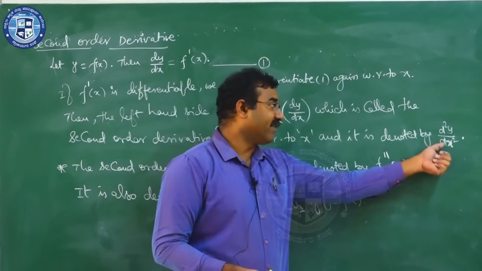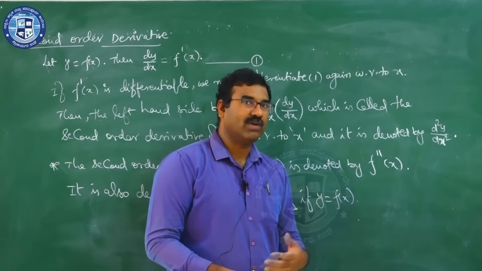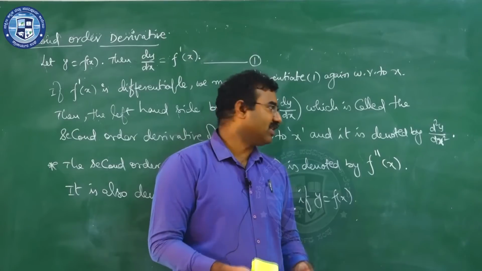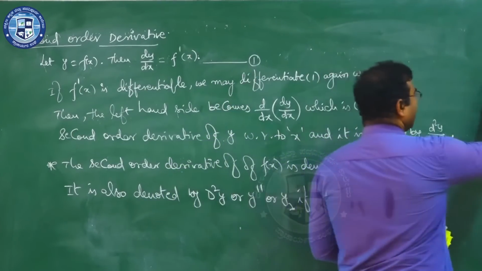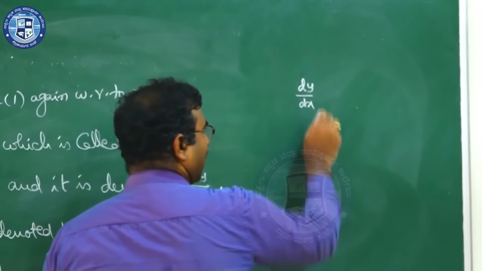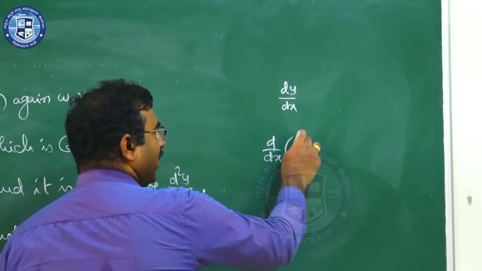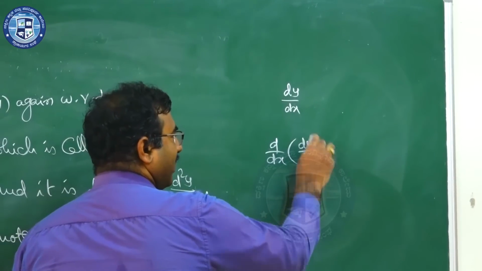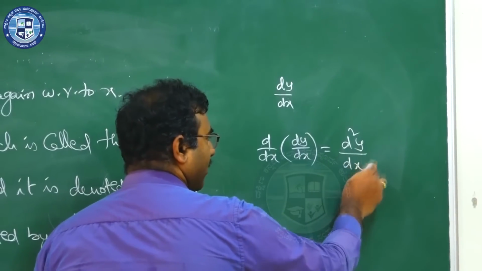If d square y by dx square is again differentiable, then one more time you can differentiate it, and you will get d cube y by dx cube. See, if this is dy by dx, it is called the first order derivative. If this is differentiable, we differentiate one more time, and we get d square y by dx square.